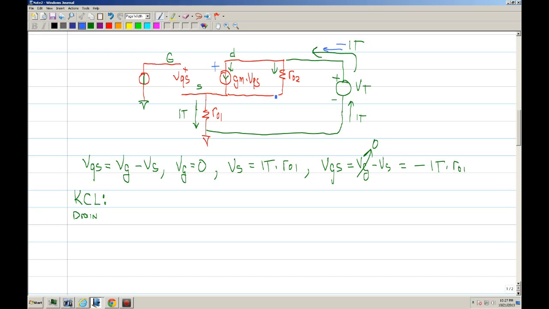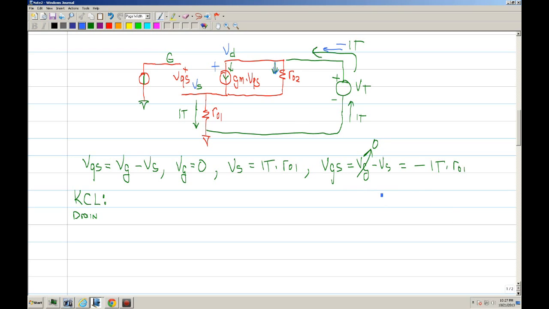And you have this current, the current that is going through RO2. Okay, now to express this current, you have to take the differential. So you can say the voltage across VD minus the voltage across the source divided by RO2.